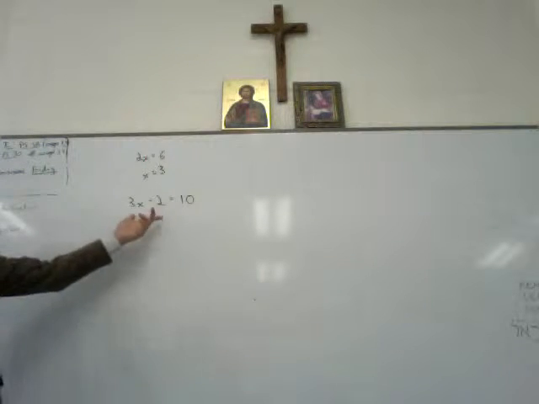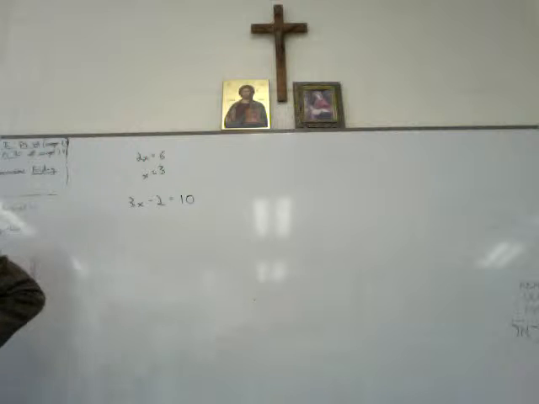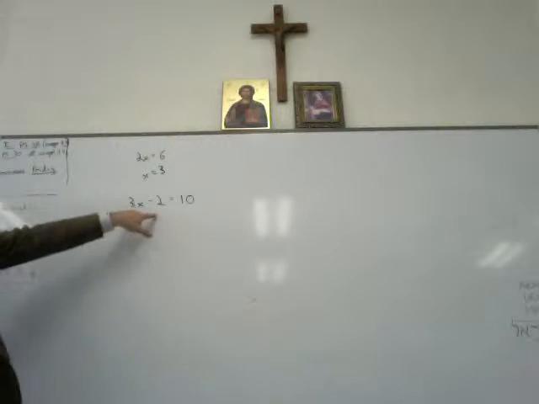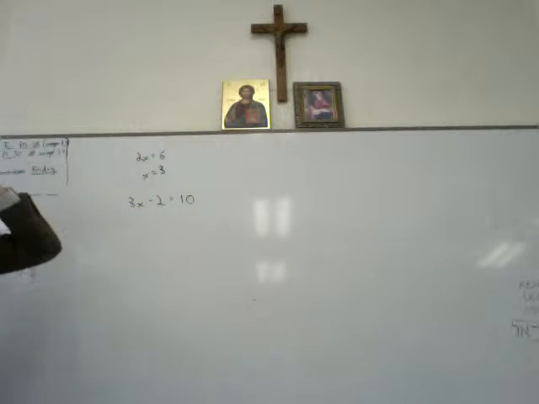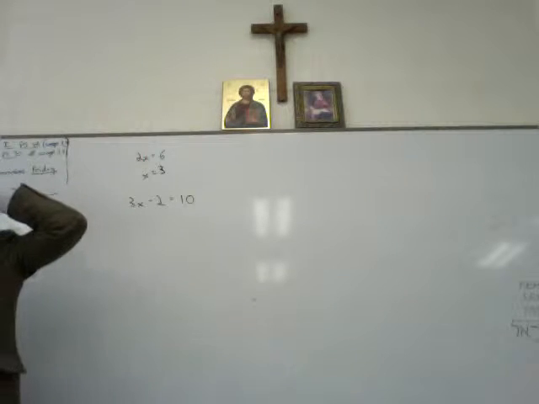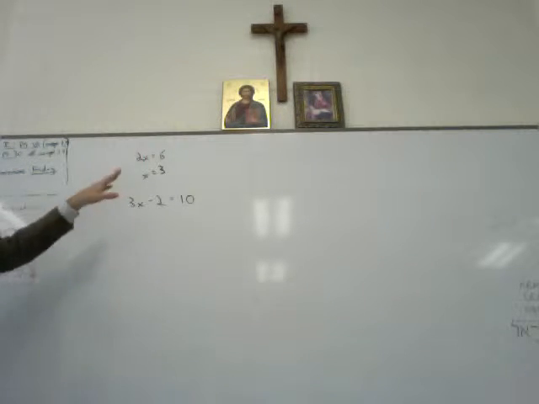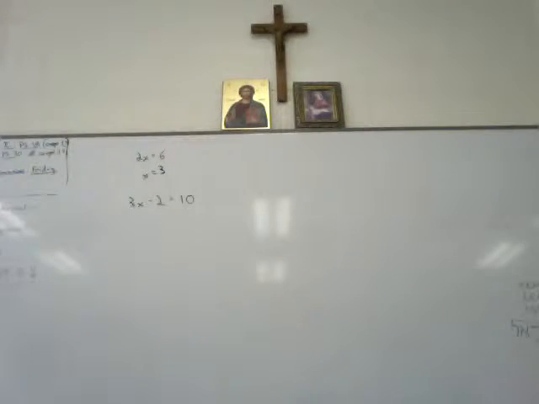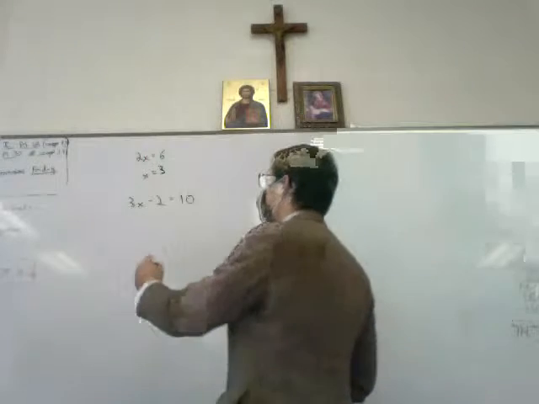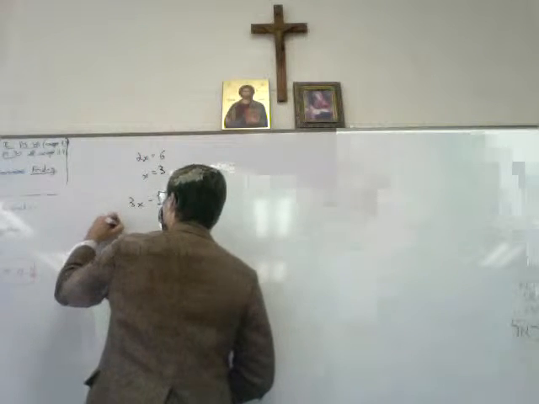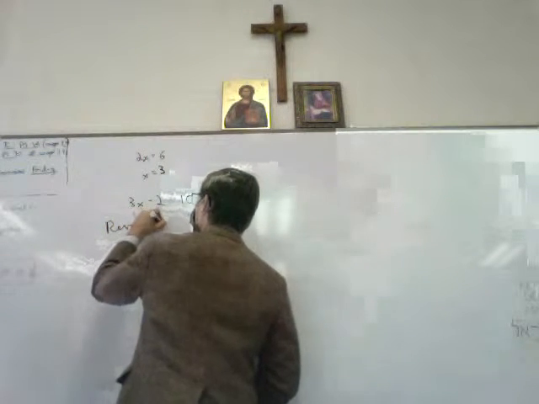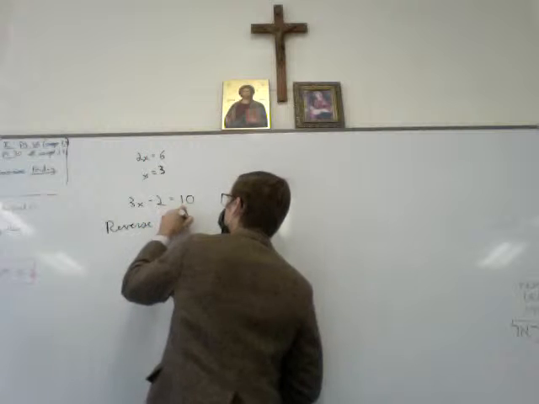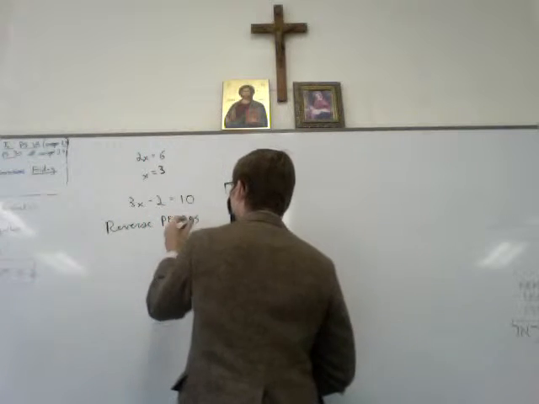But how am I going to know which one of those two to undo first? We do always want to get to the point where the variable's on one side, but how do I know which one to undo first? Yes, we use reverse PEMDAS. Or SADMET.